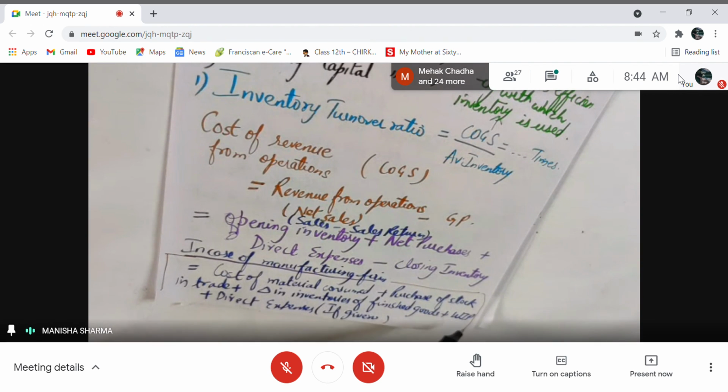Then you have work in progress plus direct expenses. So there's no way out, you need to learn this formula. If the format of the profit and loss account is of a manufacturing company using Schedule 3 of the Companies Act to prepare its accounts, then this formula will be used for cost of goods sold. So this is a new formula which you need to learn in COGS. Fine? Is it clear, Harleen?